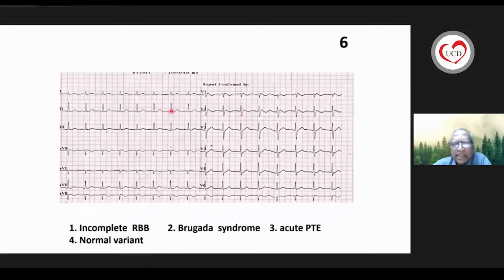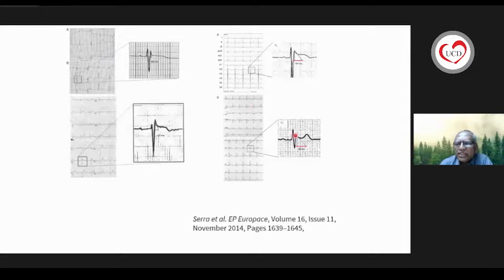The third condition, which can again present as right bundle branch block, is Brugada syndrome, where the typical ST elevation can be masked when they develop a right bundle branch block. The clue to the diagnosis is that the base of the triangle of the R prime is very broad.